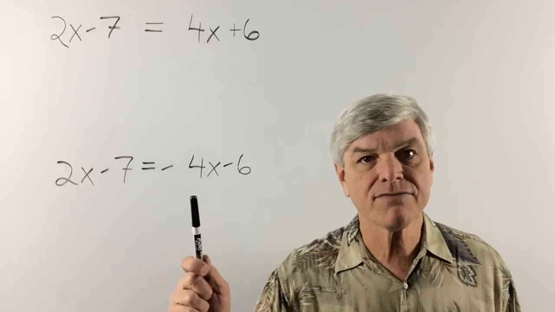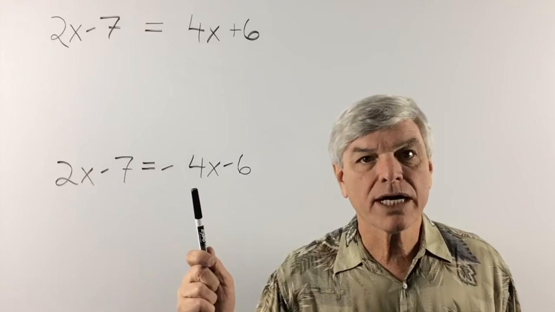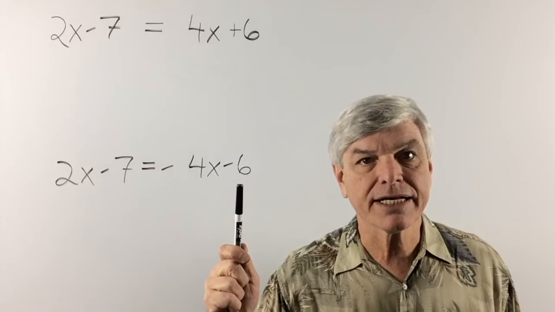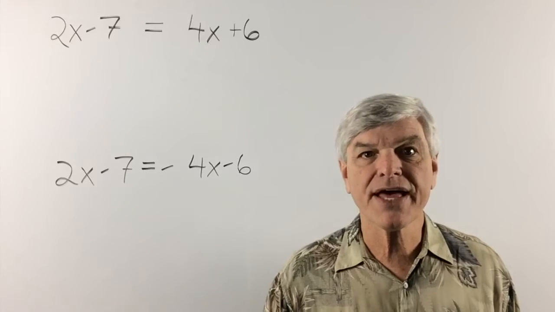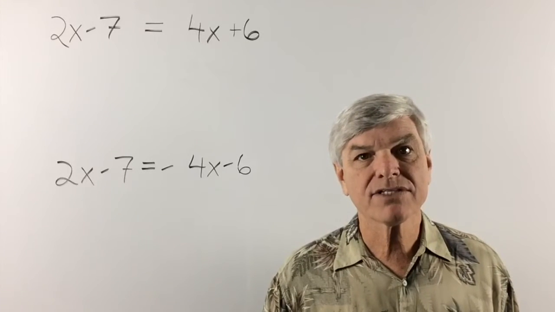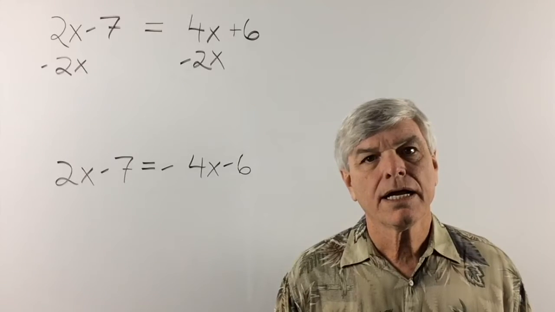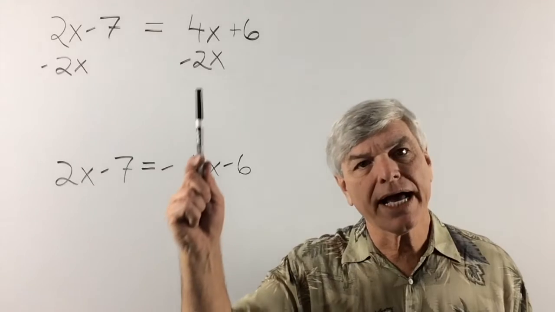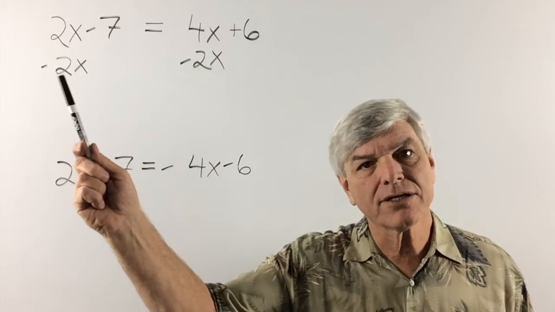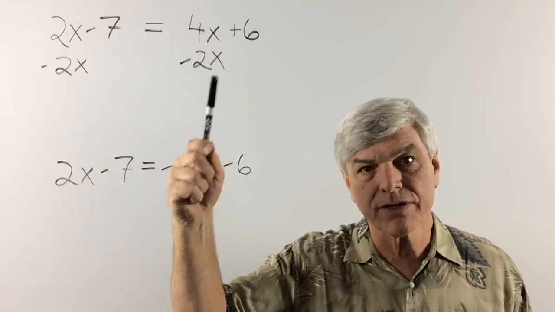We had a positive 4x here and a positive 6 here. Now our 4x is negative and our 6 is negative. Remember, distribute that to everything inside the parentheses. And now we have something that's really workable. Now up above, our 4x is bigger than our 2x, so we bring the smaller x over.